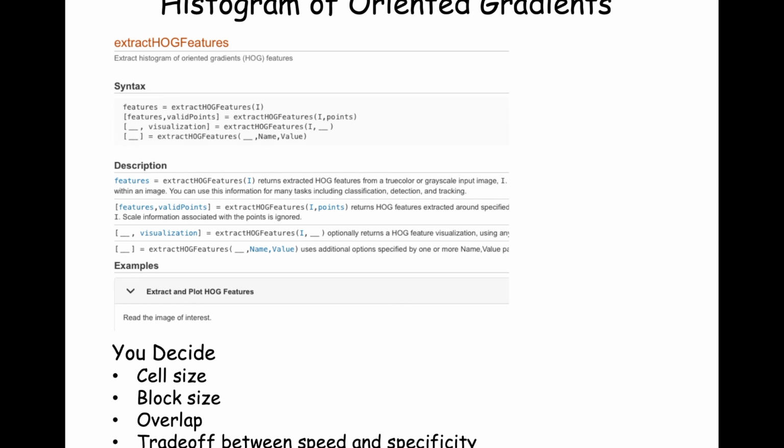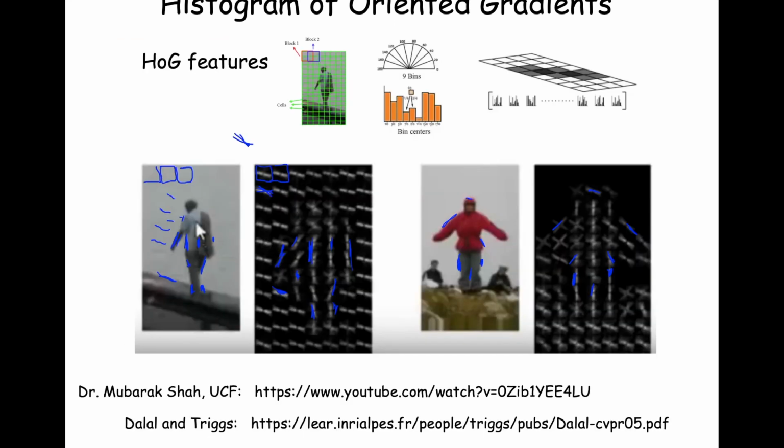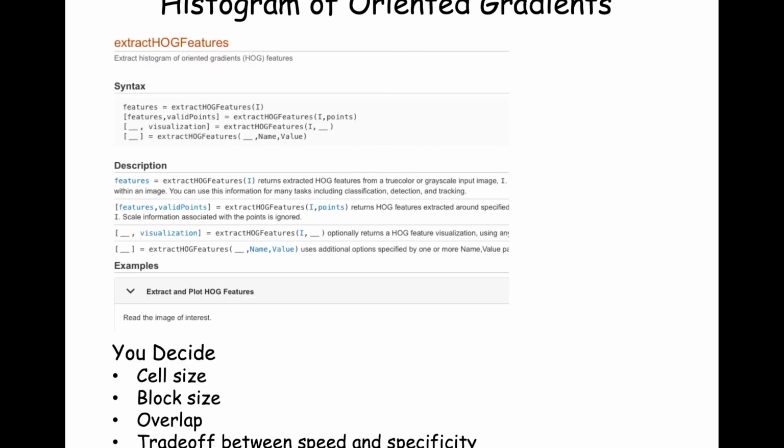And so if you have many more block positions, so the overlap is very large from one block position to the next, it's going to run more slowly because it takes time to slide this block across and do all those computations of the binning and the voting of the resultant histograms.